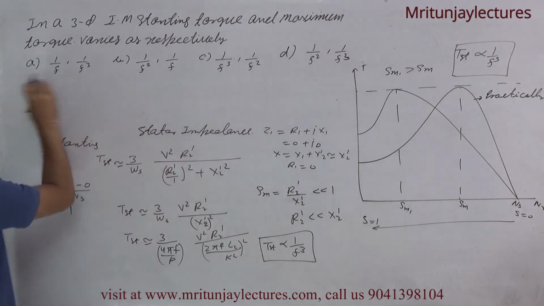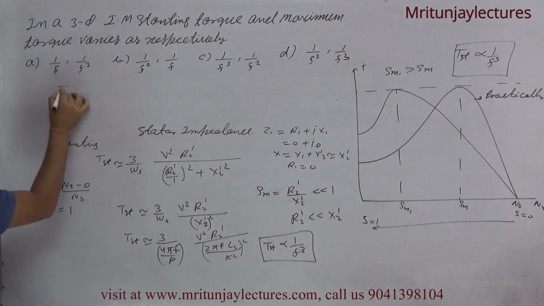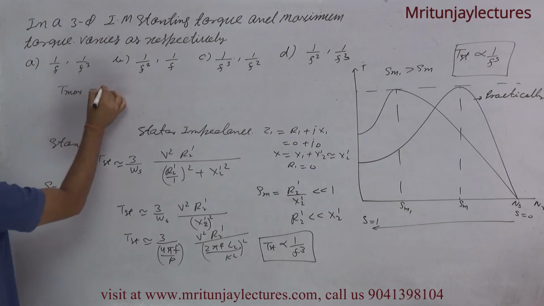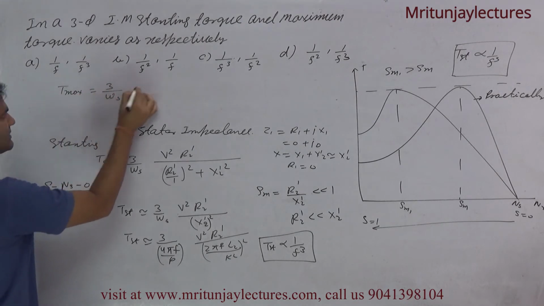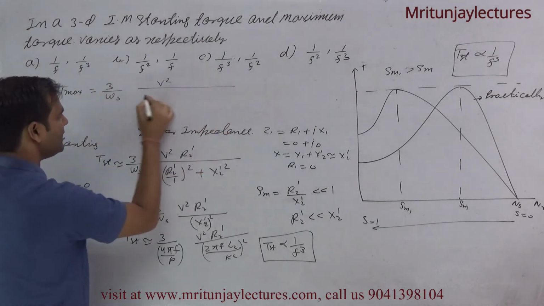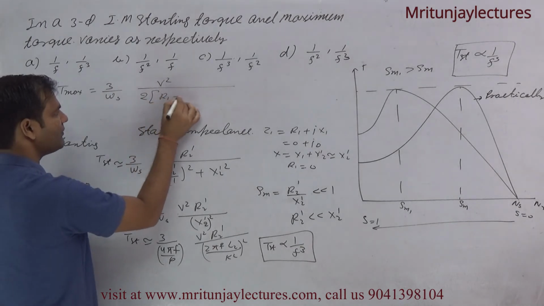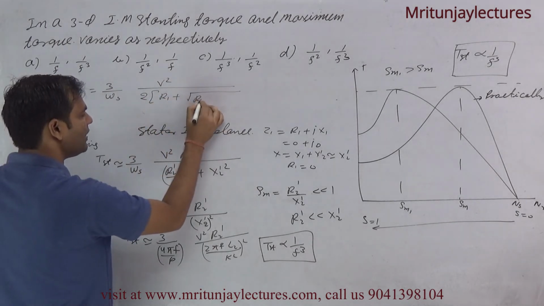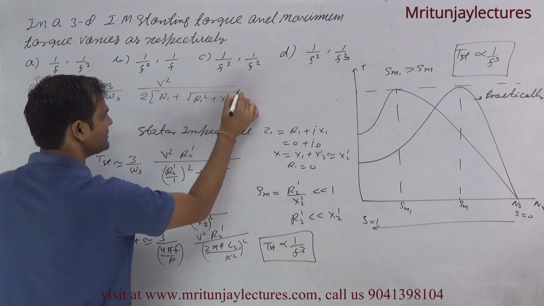Now, next one, maximum torque. What is the formula of maximum torque? T max is equal to 3 upon omega s, V square divided by 2 times R1 plus under root R1 square plus X square. Clear?